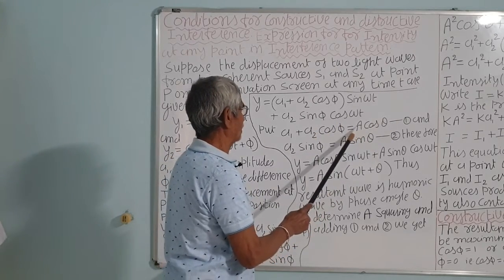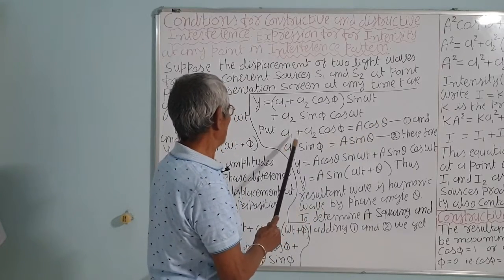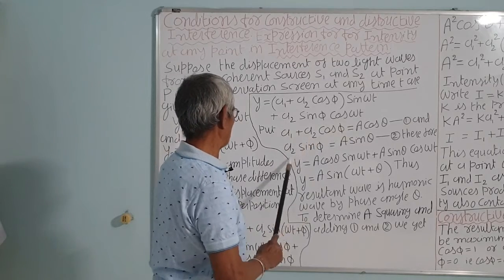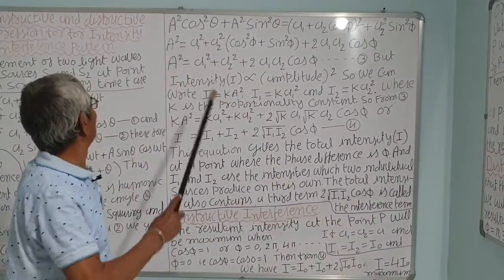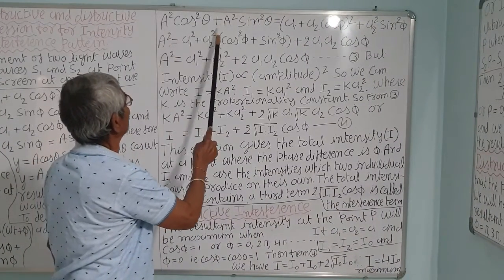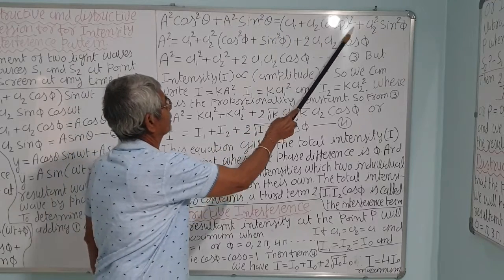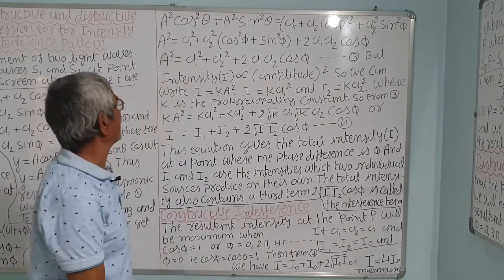That gives A square cos square theta plus A square sin square theta is equal to (a1 plus a2 cos phi) whole square plus (a2 sin phi) square, squaring 1 and 2 and adding.